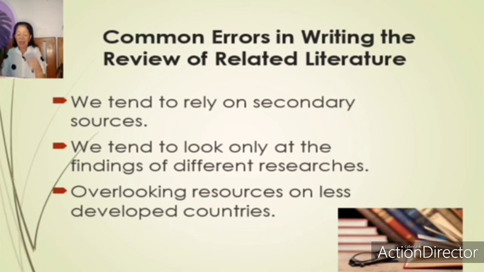They jump into the findings immediately without reading what is inside the research or study. Another error is overlooking resources on developed countries. Please make use of literature and studies that come from developed countries. No offense meant for the underdeveloped countries, because we can get more from progressive countries.